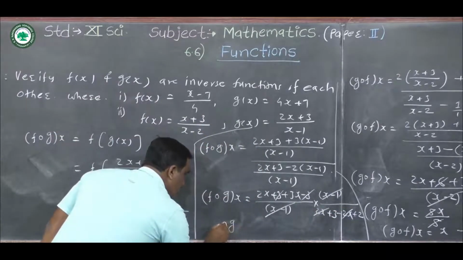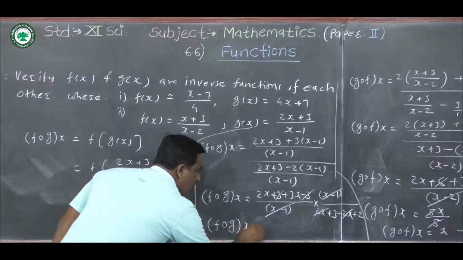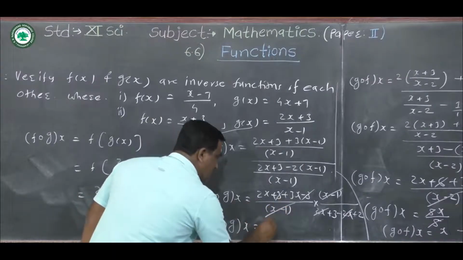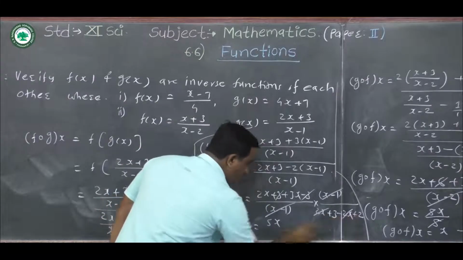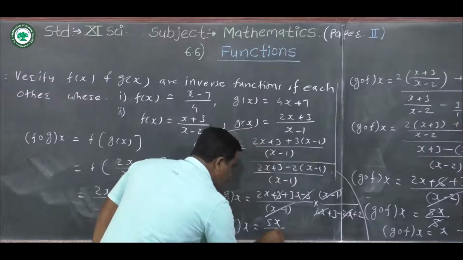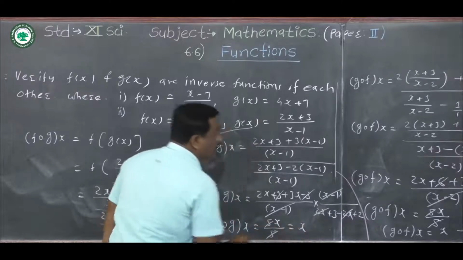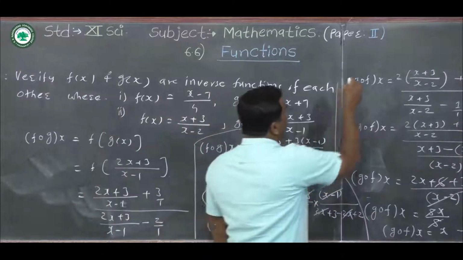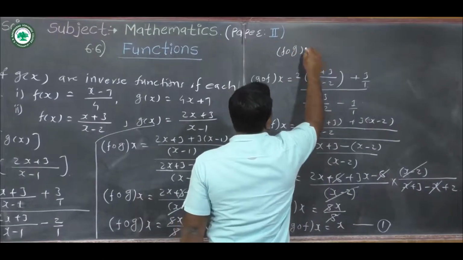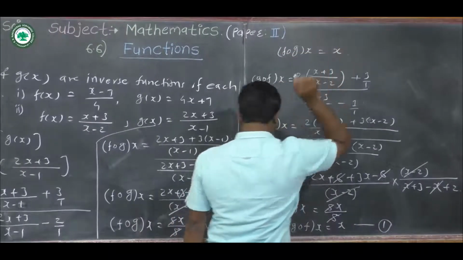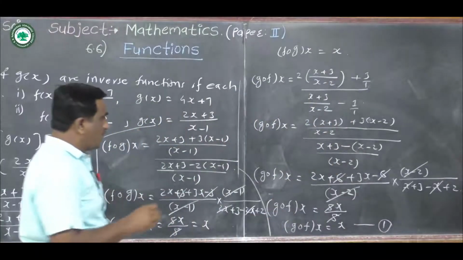g composite with f of x is equal to 2x plus 3x, 5x, upon 3 plus 2 again. 5 cancels, remains only x. That is, we get g composite with f of x is equal to x. Say this as equation number 2.